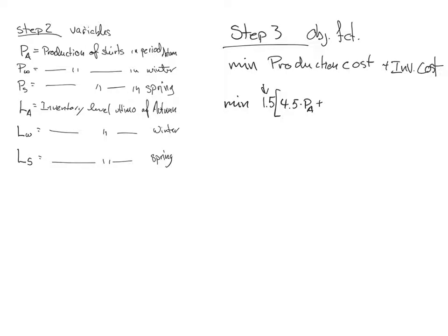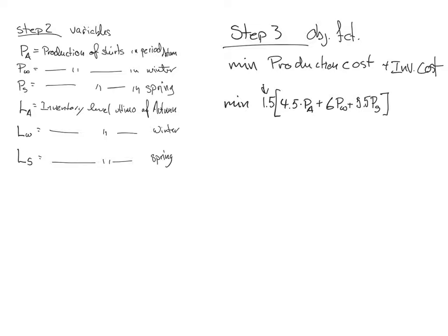In the winter it costs us $6, so we say $6 times how many shirts we produce, and then to that we add the $5.5 it costs to produce in the spring, like that. And that will be the production cost.